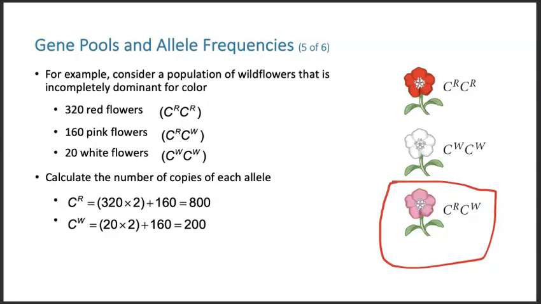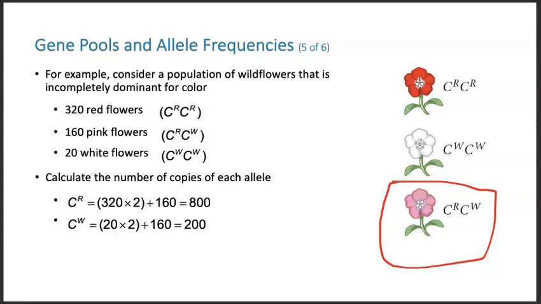Let's say we have 320 red flowers. They're going to be homozygous for the red allele. And 160 pink flowers, right? They're going to be heterozygous. And 20 white flowers. There they are, homozygous for white. Notice I didn't say dominant and recessive, but let's just for argument's sake say red is dominant.